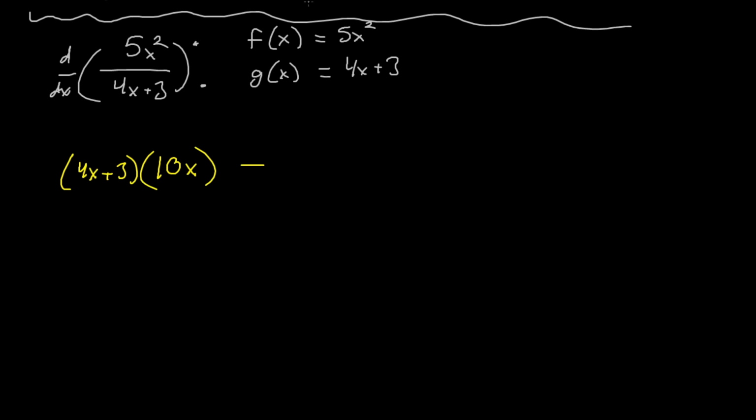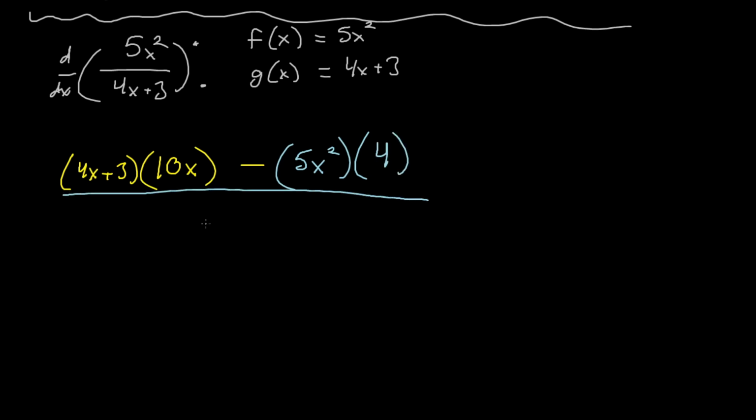Okay, that was low d high. And now we subtract high times d low. So this would be 5x squared, our high function, unchanged, times the derivative of our low function, which is just 4. And then we divide all of that by our low function squared, which is 4x plus 3 squared.